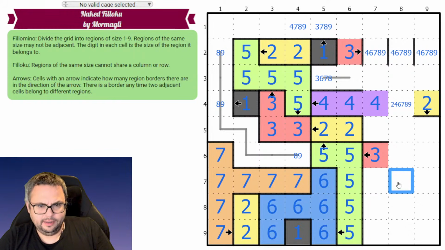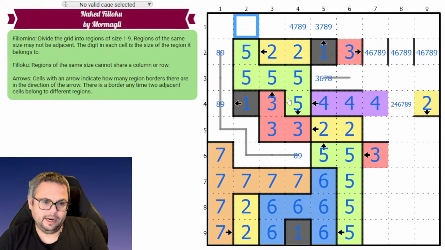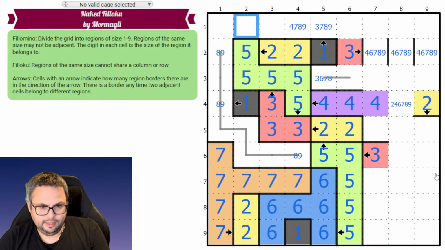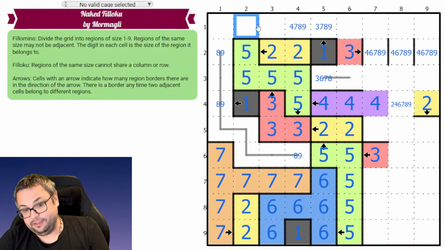Let's see. We know this goes up at least 1 more. And then we've got this number, which is now worth marking because this one's a different one than this. This is not 1, 2. It can't actually be 3 either, because it would need to extend this way to be a 3.